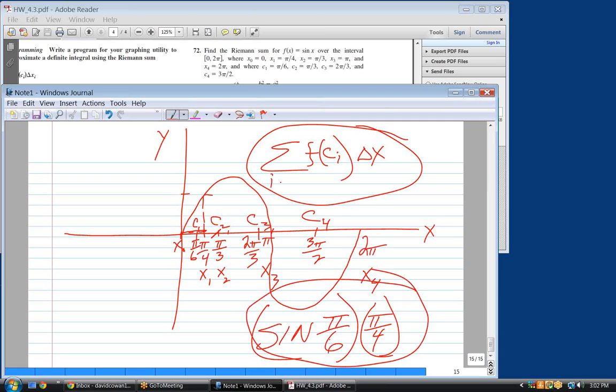So that's the first part of the sum. That's i equals 1. The next part would be i equaling 2. So the delta x is the distance between x sub 2 minus x sub 1. And we're going to use c sub 2 and evaluate the sine of c sub 2, which is pi over 3.